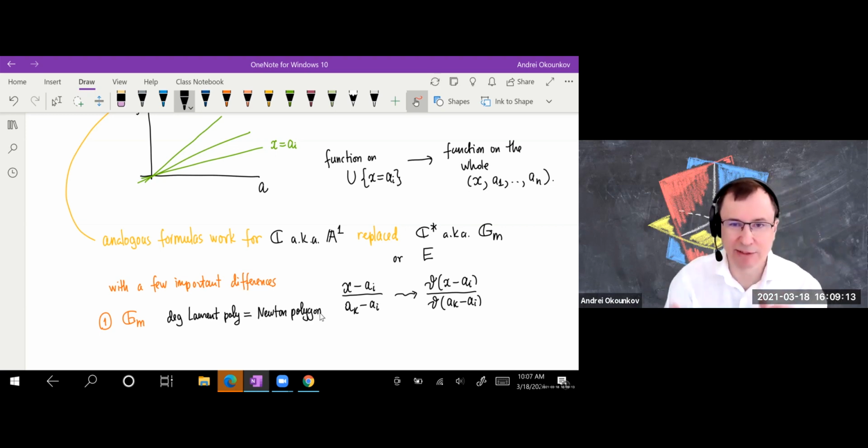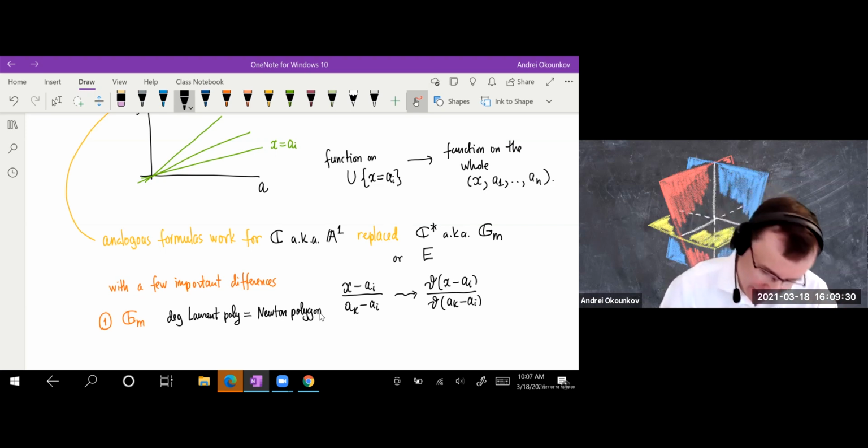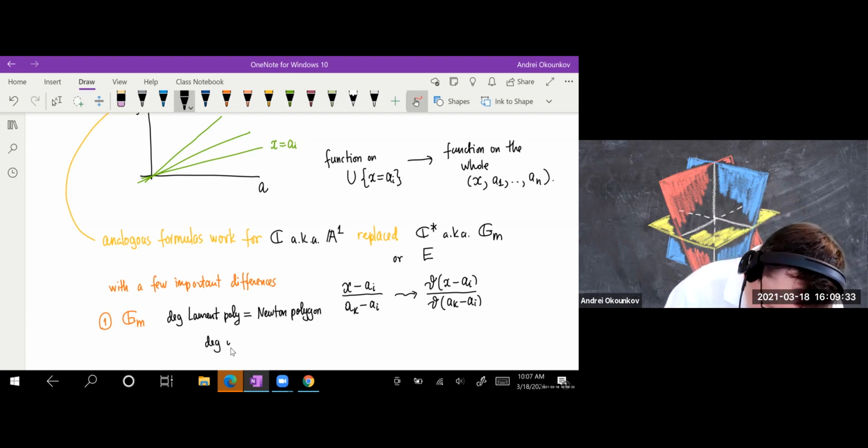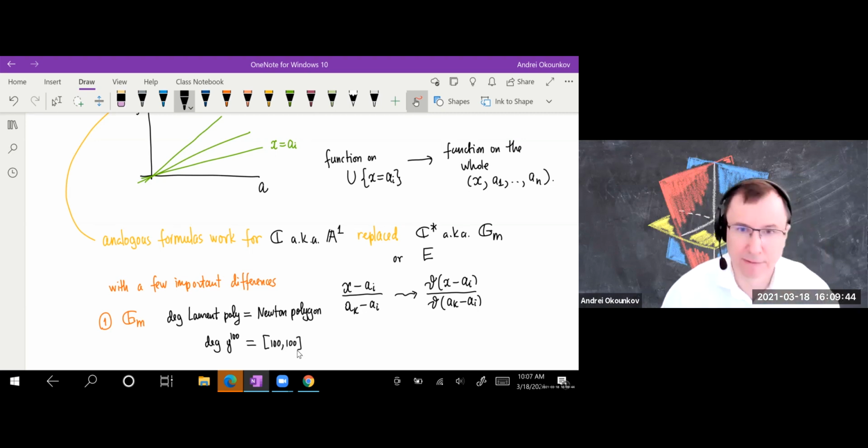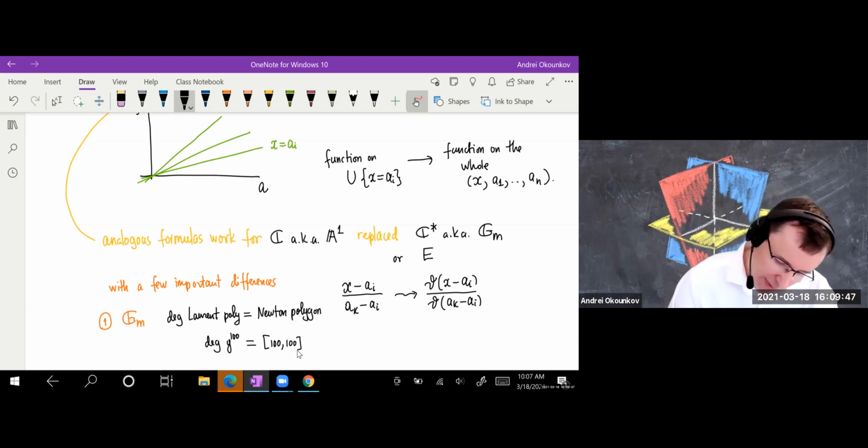Everybody agrees that if I have a monomial, say y to the 100, if the variable is invertible, its degree shouldn't be 100. It should be just a segment from 100 to 100. But then, since the variable is invertible, that means up to shift.